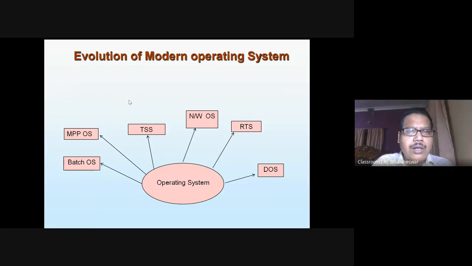So here, as far as interactive and non-interactive are concerned, we know that if a user is allowed to work with the system and can modify the programs during execution, then it is an interactive one. If they are not allowed, then we can say it is a non-interactive one.